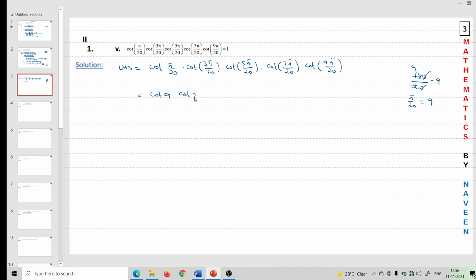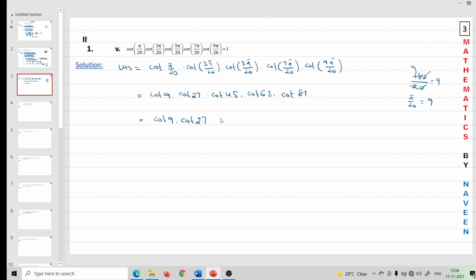So 3 9s are 27 into cot 5 9s are 45 into cot 7 9s are 63 into cot 9 9s are 81. Clear? So cot 9 as it is, cot 27 also as it is, because we don't know the values of cot 9 and cot 27.